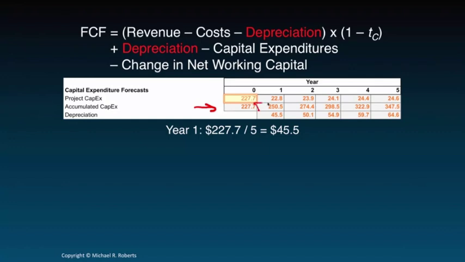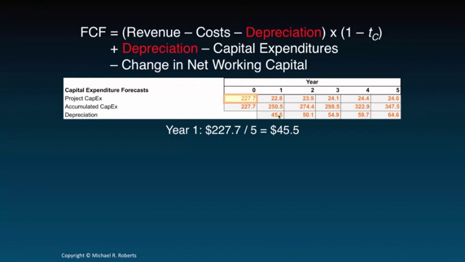So this 250.5 is the 227 plus the 22.8. The 274.4 is the 250.5 plus the 23.9, and on and on. And the reason I'm doing that is to avoid keeping track of different vintages of capital stock, since they all face the same depreciation schedule, at least by assumption.